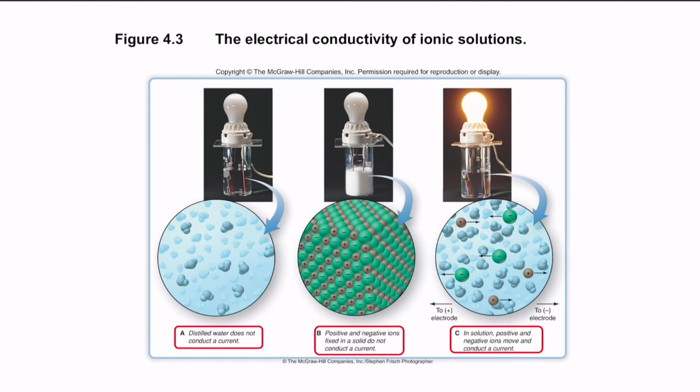Next, another property that is specific to water is the electrical conductivity of ionic solutions. In distilled water there is no current, because distilled water by itself does not have ions dissolved. But when you take, for example, salt, the positive and negative ions are fixed in a solid, so they do not conduct any current.